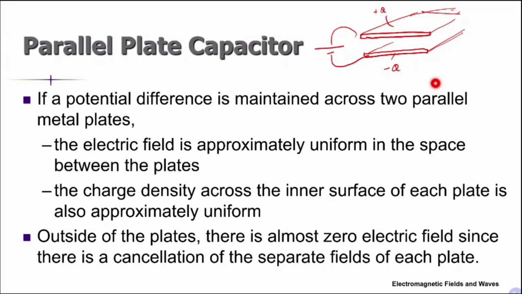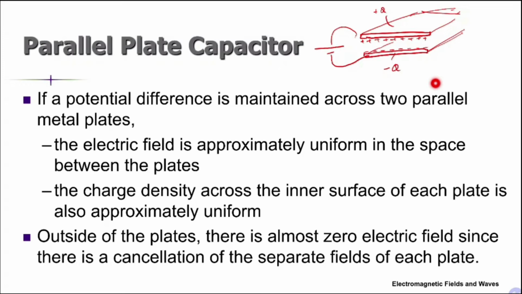Okay, so what is said here is that the charge density across the inner surface of each plate is approximately uniform. So meaning that my charge is something like this, uniformly distributed on the top and bottom plate.